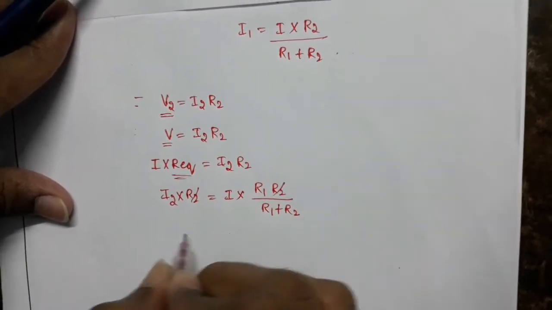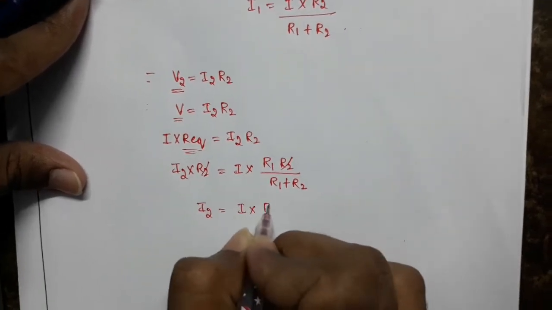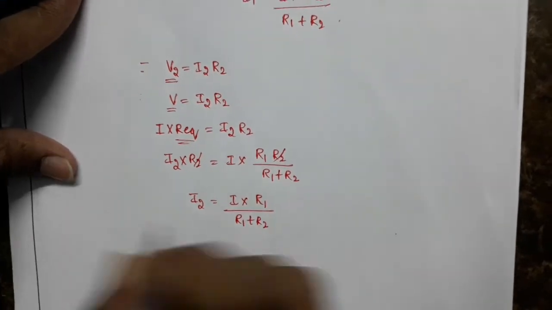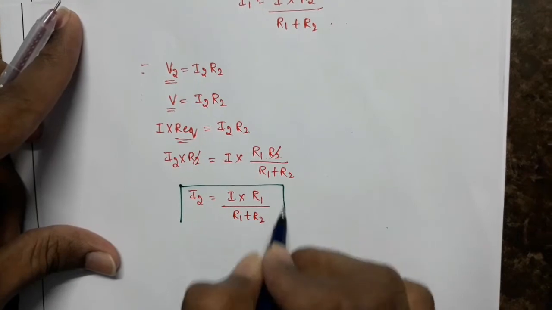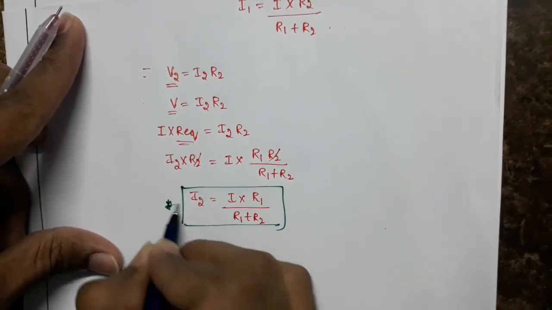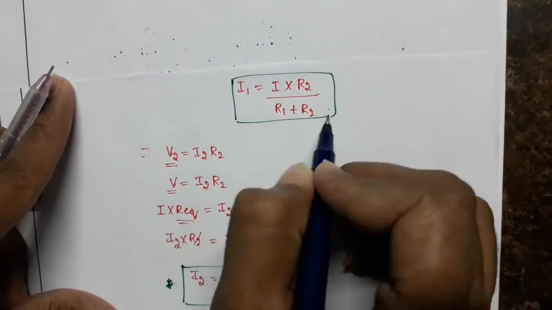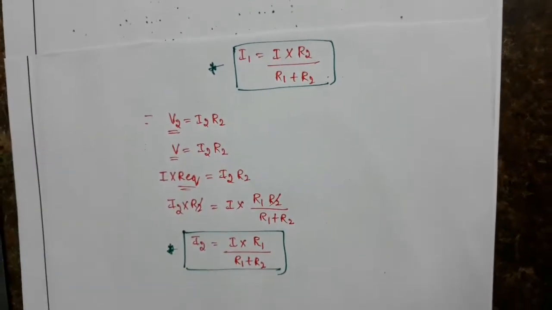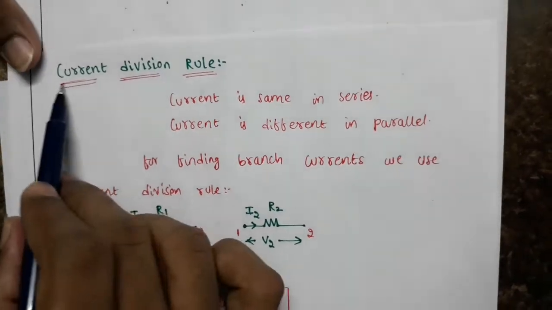R2 gets cancelled. Therefore, I2 equal to I into R1 divided by R1 plus R2, where I1 equal to I into R2 divided by R1 plus R2. These two are very important formulas, friends. So we have found the branch currents I1 and I2 by using current division rule.